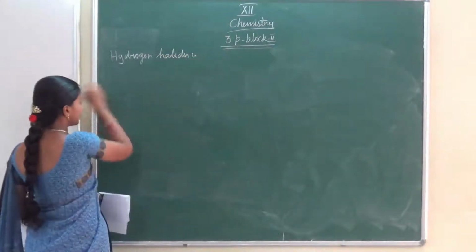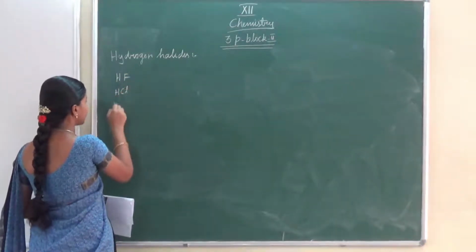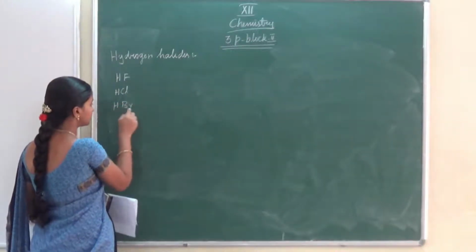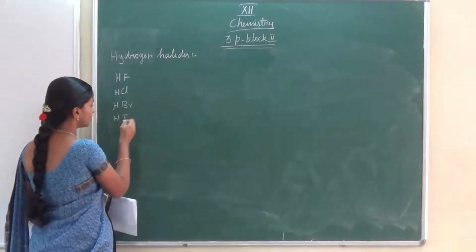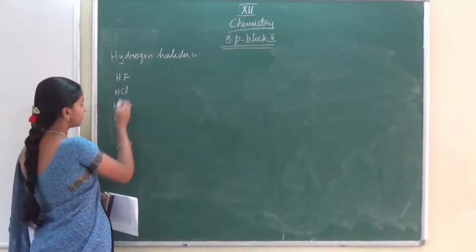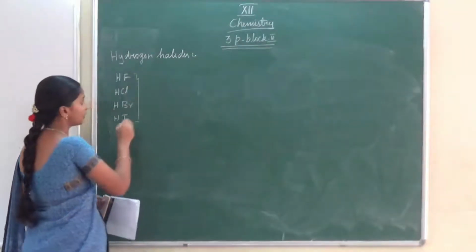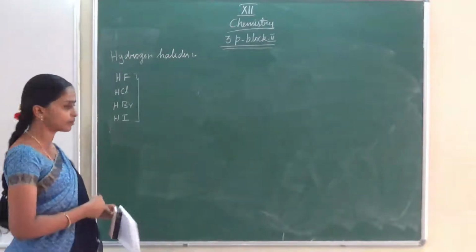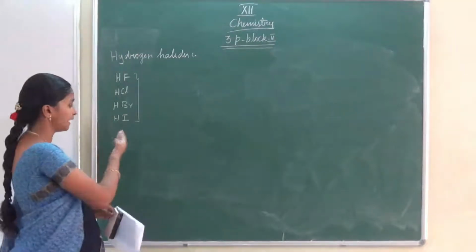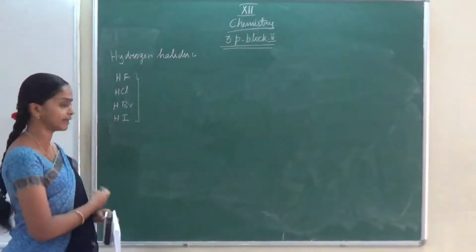What are the hydrogen halides? Hydrogen fluoride, hydrogen chloride, hydrogen bromide, and hydrogen iodide. Fluorine, chlorine, bromine, iodine. We will include only these four as halogens. Now we are going to see how we can prepare these hydrogen halides, and what are the physical properties, chemical properties, and uses of these hydrogen halides.